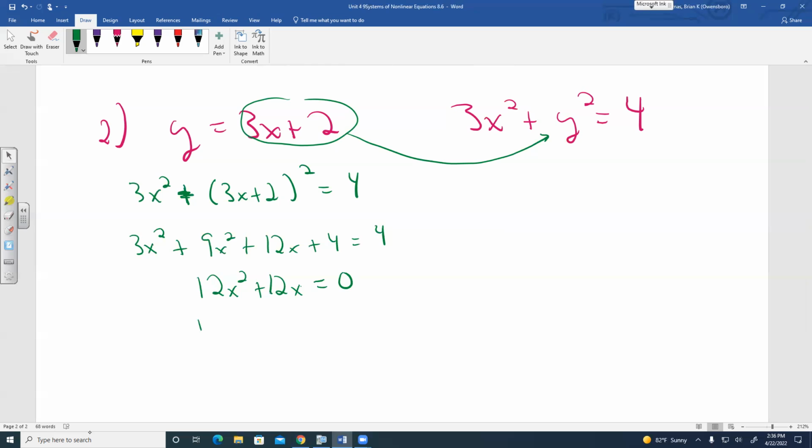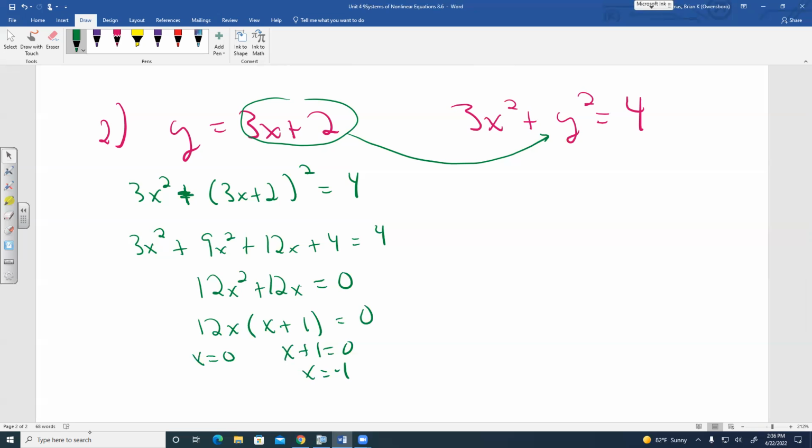So I can factor out a 12x, and that's going to give me x plus 1. Now all I have to do is set the factors equal to 0. Well, 12 doesn't need to be set equal to 0, just x equals 0. And then I set x plus 1 equal to 0, and x does equal negative 1. So 0 and negative 1 are your 2 values for x.